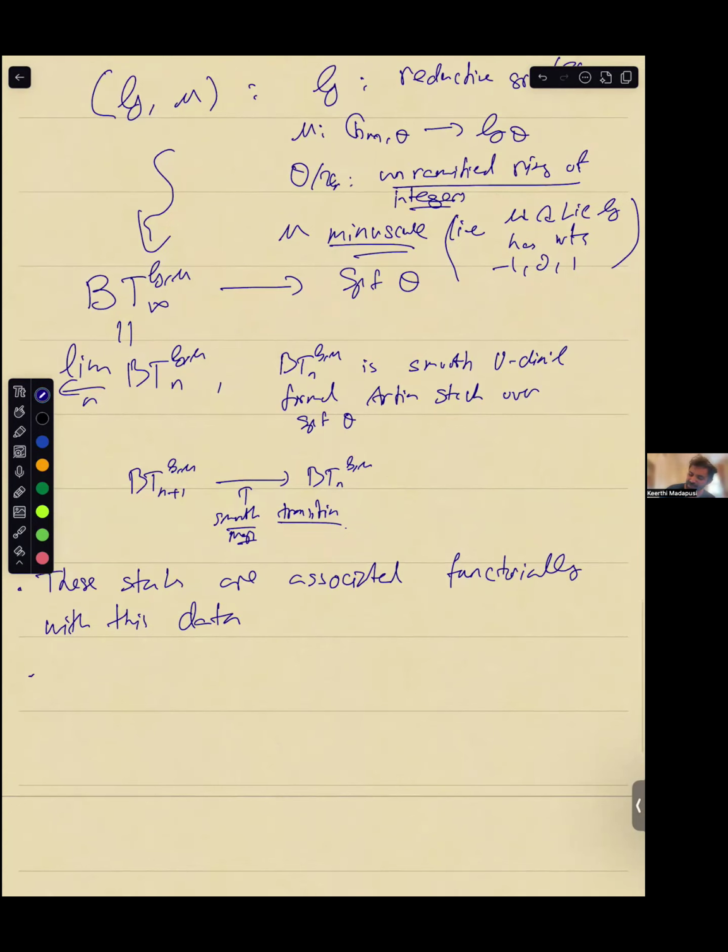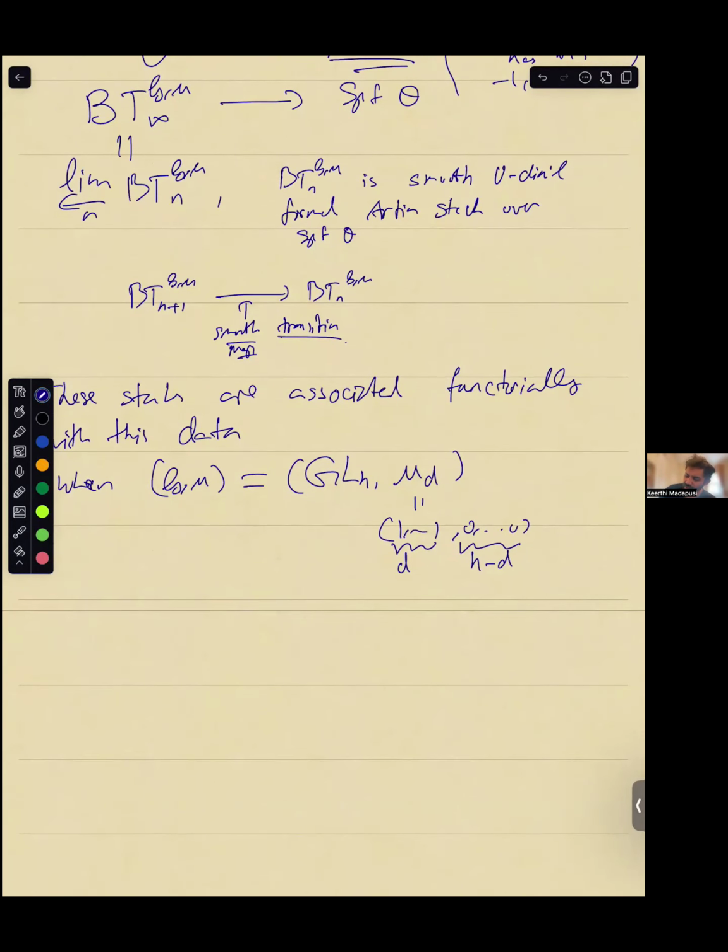That's one thing. The second thing is that when (G, mu) is equal to (GL_h, mu_d), where mu_d is the cocharacter represented in the standard format, there's a canonical isomorphism to the stack of truncated... Maybe one should be M instead of N. You have GL_h and BT_n.